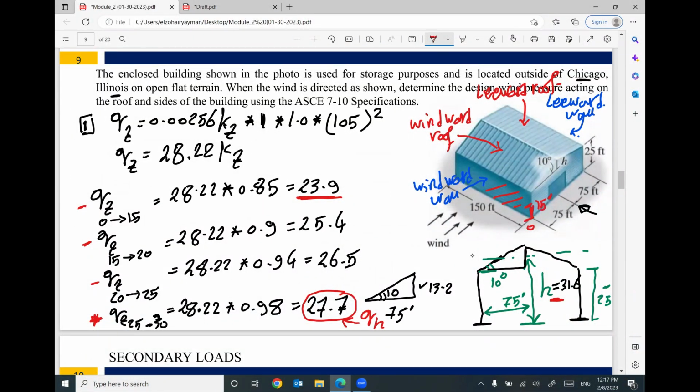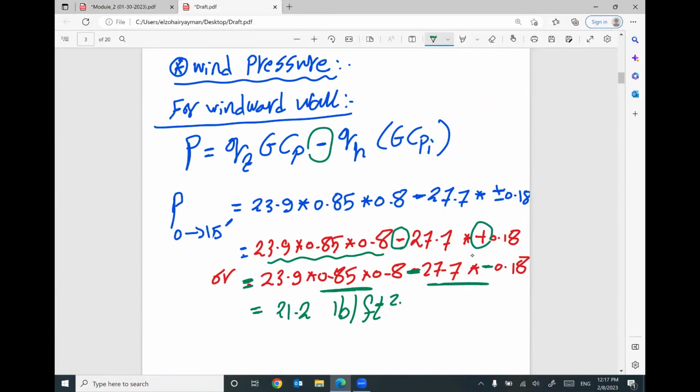We have another value if we use the other option: 23.9 times 0.85 times 0.8 minus 27.7 times 0.18. I got 11.3. This option gives you 11.3, and this option gives you 21.2. I'm gonna use the second option.